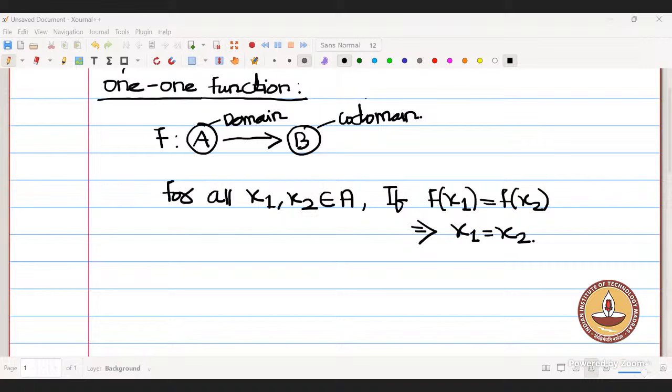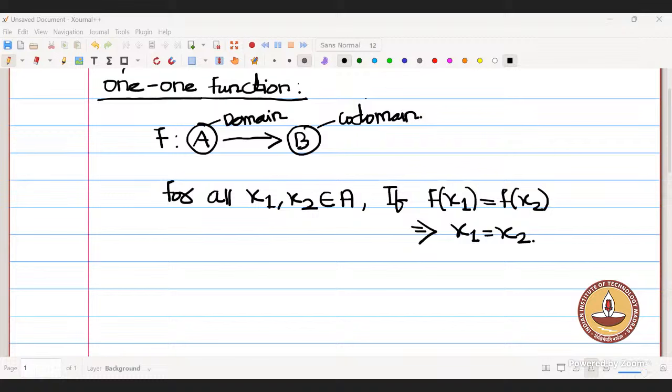Injective function. Anyone? Sir, line test, sir. Sorry? Are you asking about the vertical and horizontal?